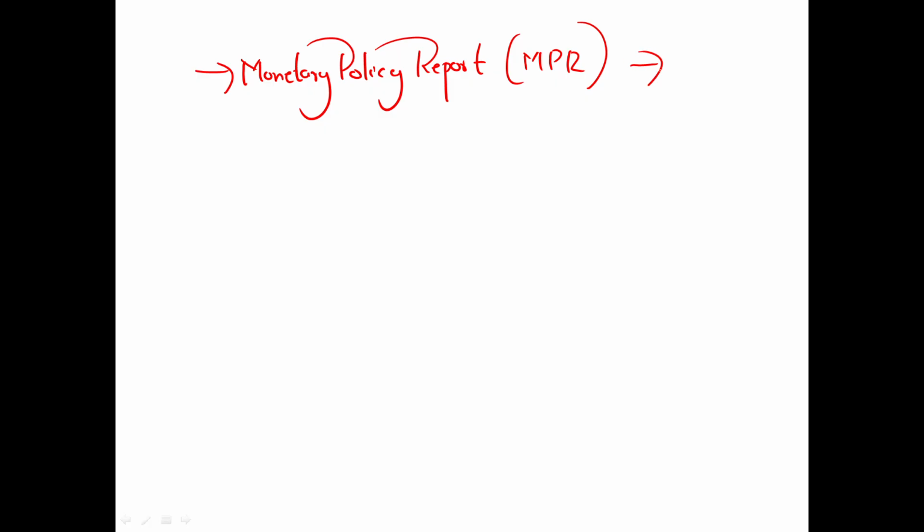This is published 2 times a year, or every 6 months. So in the first 6 months RBI publishes a monetary policy report, and after the next 6 months also RBI publishes a monetary policy report.